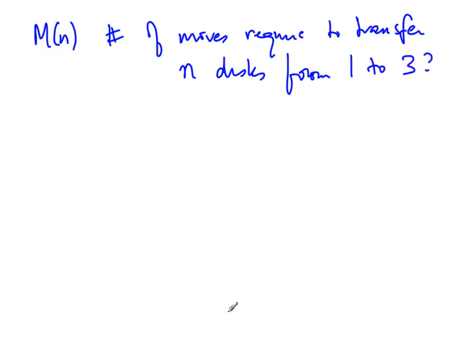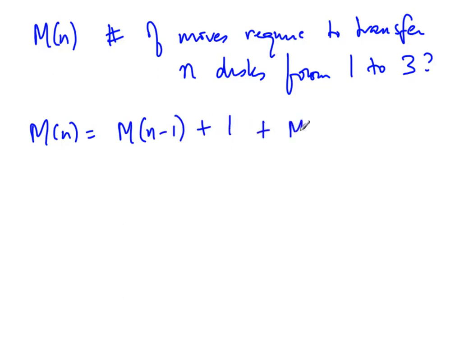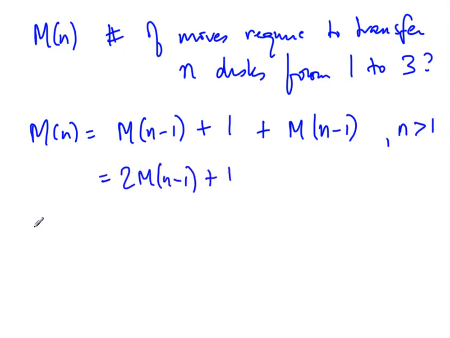As we saw, we first move n minus 1 disks from 1 to 2. Then we move one disk from 1 to 3. And then we again move n minus 1 disks. This is provided n is greater than 1, if you have at least 2 disks. So this is 2 into m of n minus 1 plus 1. The base case or initial condition is m of 1, which is just 1. When you have only one disk, in one move you can move it directly from 1 to 3 and you're done.